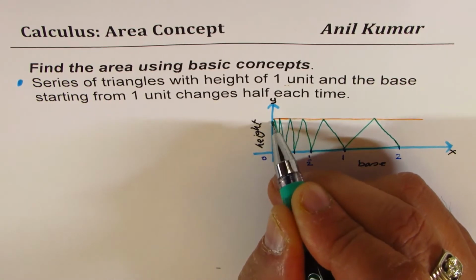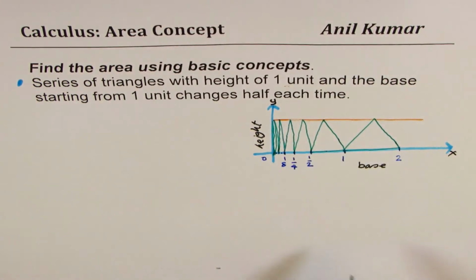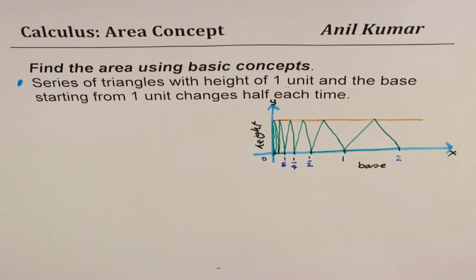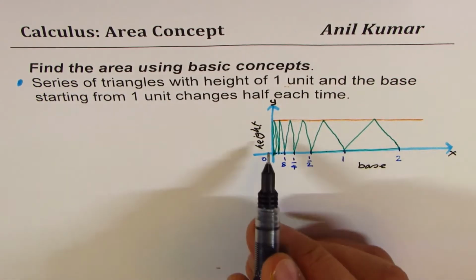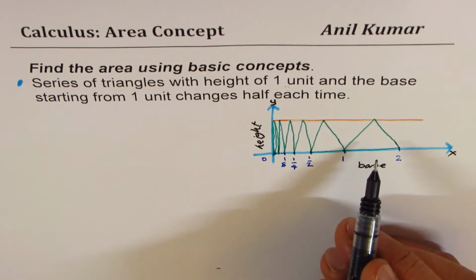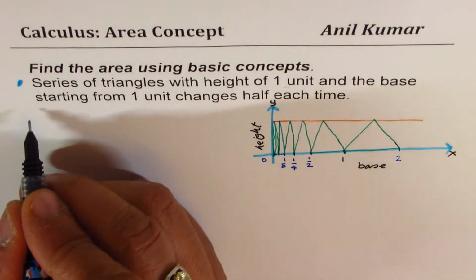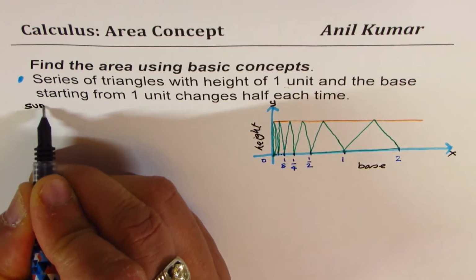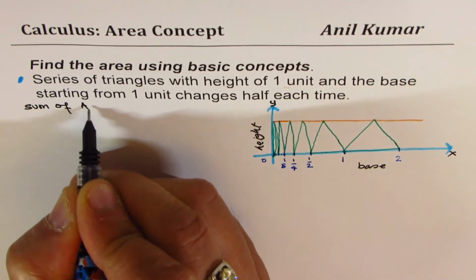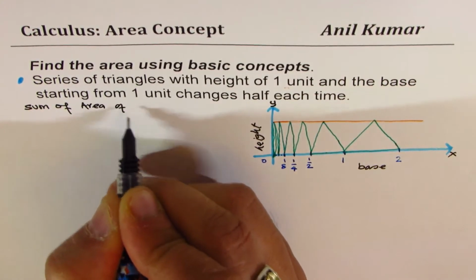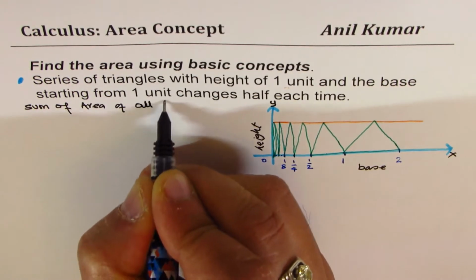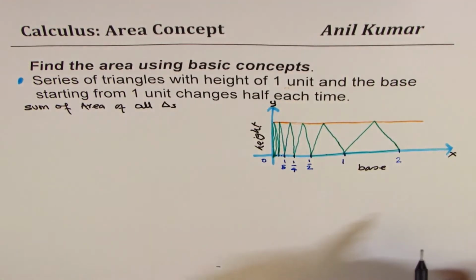So we could get many bases like this, right? Ultimately, you will get something like this. The idea is to find area of all these triangles, right? So the question is sum of area of all triangles. Is it okay? That is the whole idea.